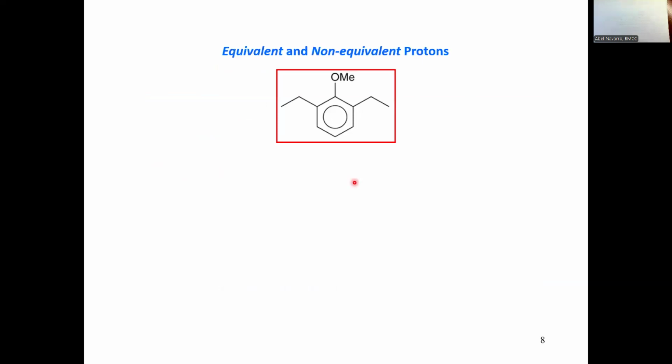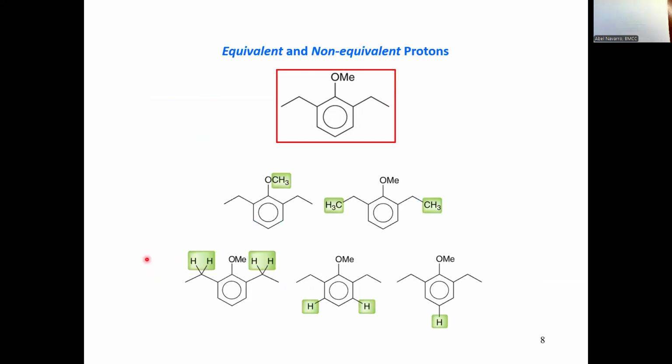Okay, equivalent and non-equivalent hydrogens. In this case, protons. We use the term proton the same as hydrogen. I would say the best way to determine equivalent or non-equivalent is the plane of symmetry. So, for example, are these hydrogens equivalent? This CH3?